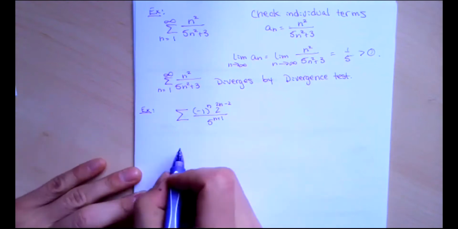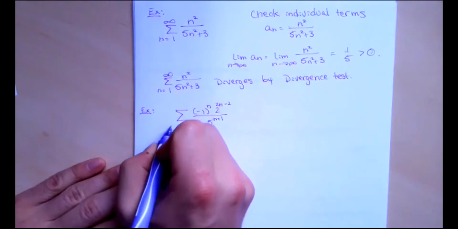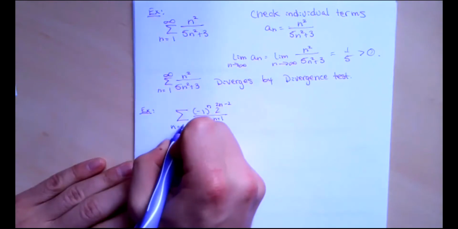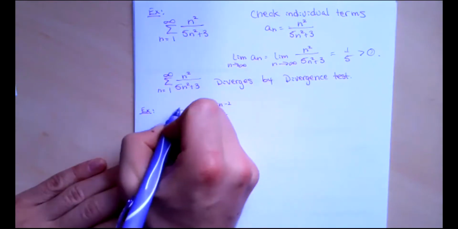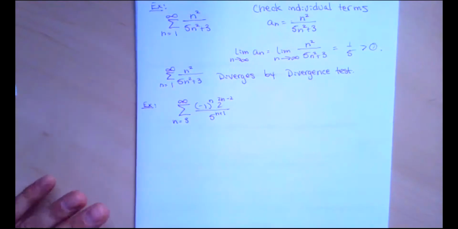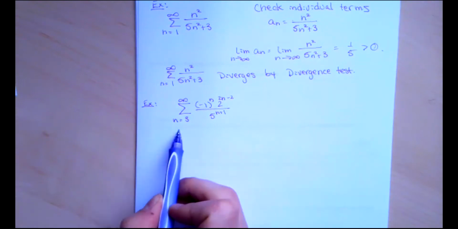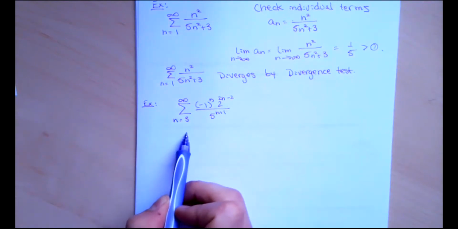The other thing I want to practice a little bit is, what happens if we have a sum, let's say starting at 3? This is just some extra algebraic skills. The starting value is not going to affect whether it converges or diverges. Because if we start at 3, really all that's saying is I'm leaving off the first term and the second term, when n equals 1 and n equals 2.